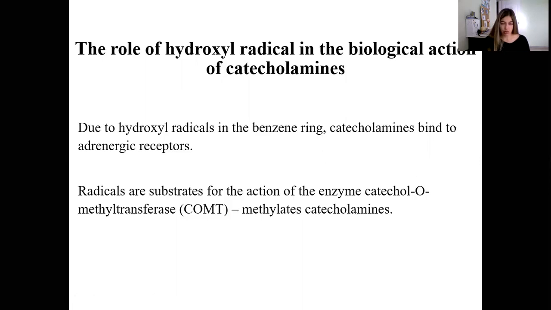About this catechol-O-methyltransferase, we talked two slides before when we talked about the synapse. It cannot destroy but changes the structure of the catecholamines, which makes them inactive.